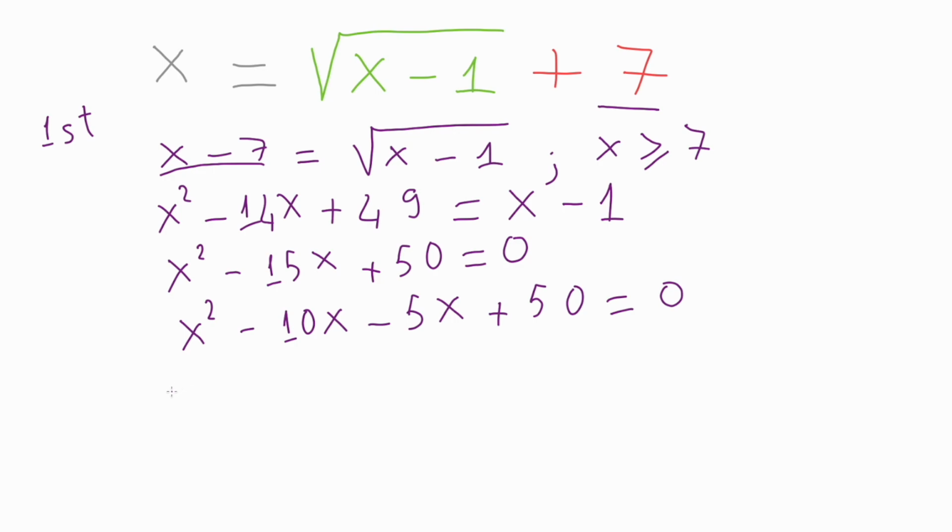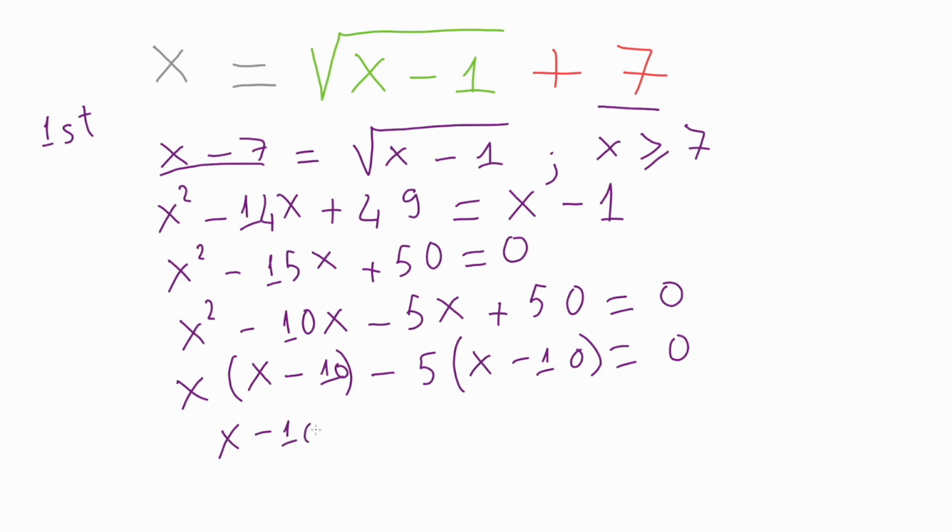So now we have x times (x minus 10) minus 5 times (x minus 10). And we can group the (x minus 10), and in another bracket is (x minus 5), equals 0.